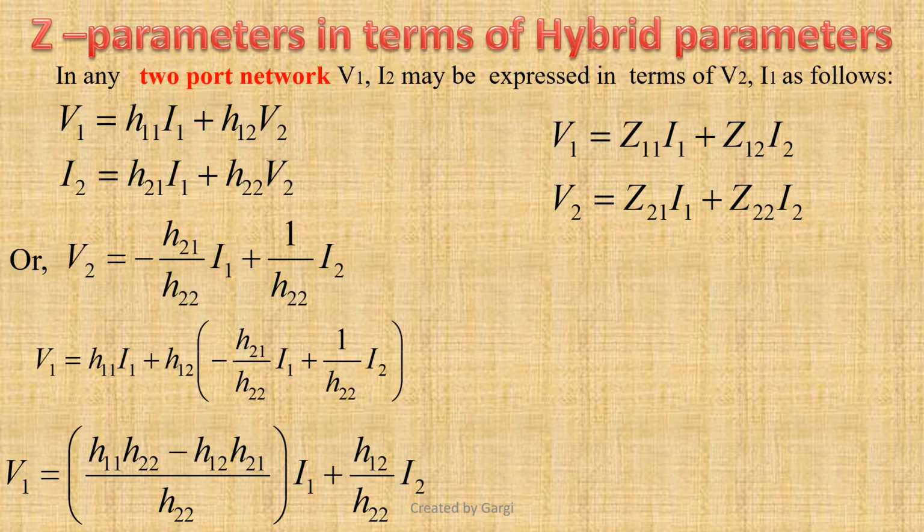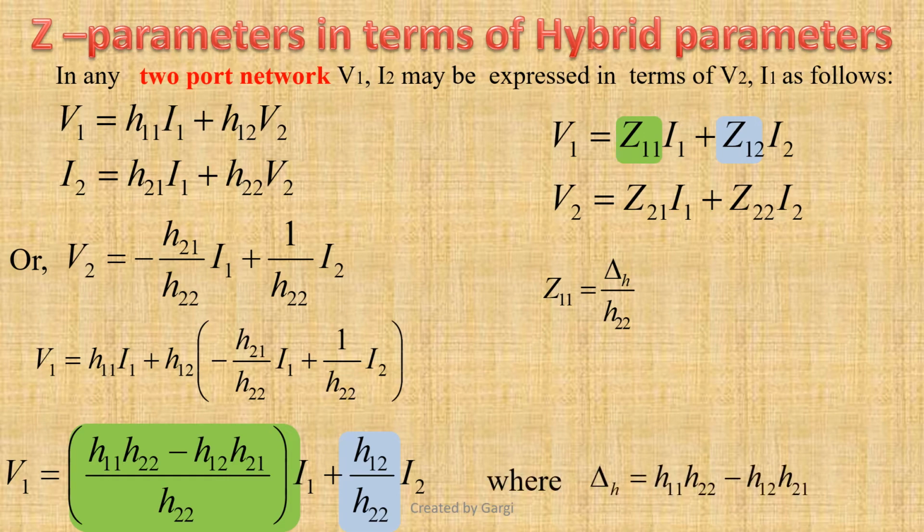By comparing the expressions of V1, we get Z11 equals delta H by H22, where delta H equals H11 H22 minus H12 H21, and Z12 equals H12 by H22.